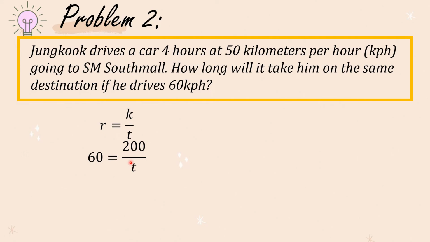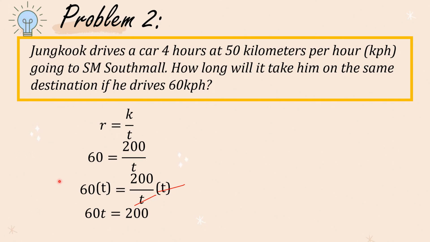Paano natin gagawin yon? Kagaya lang din ng ginawa natin kanina. We have to multiply both sides by what number or variable this time? Very good. Letter T. So multiply natin both sides by letter T. 60 times T is 60T. And then, we can eliminate the T na sa denominator. So, the answer will be 60T is equal to 200.